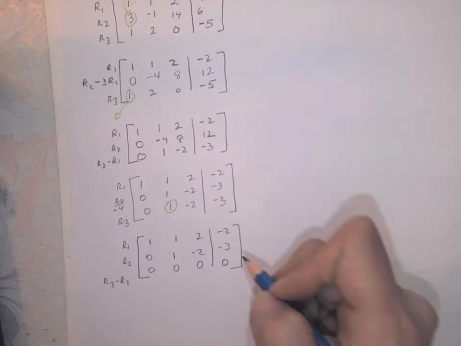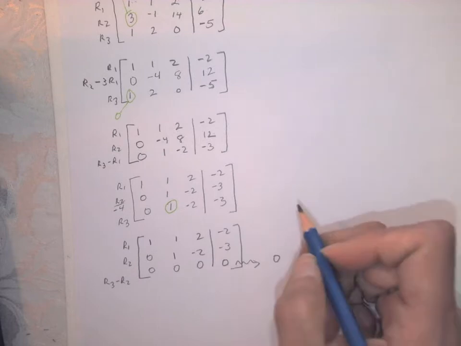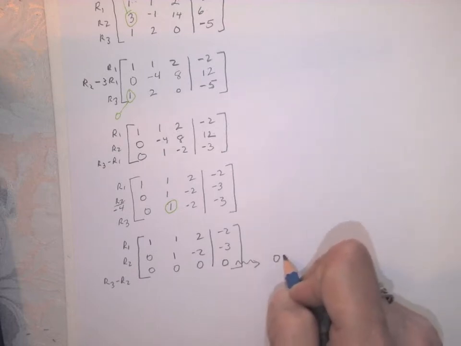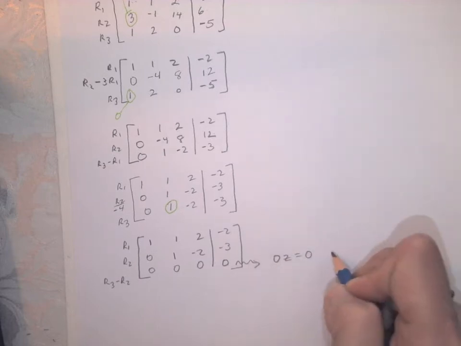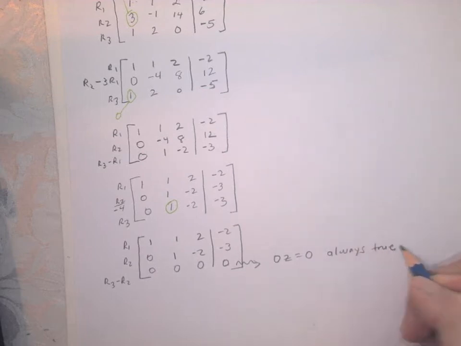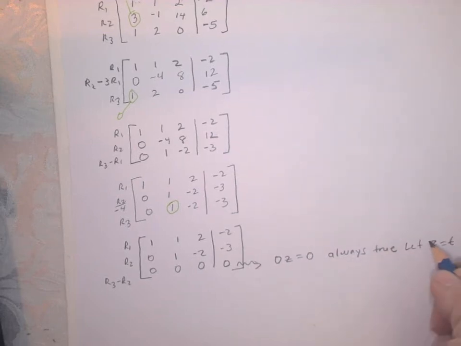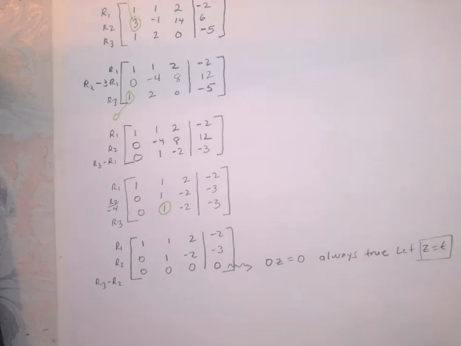What that row of zeros tells you is that there is a line of intersection, because you can take this third step to mean that 0z equals 0, which is always a true statement. So this is where we let z equal t, and now we have the z parametric of our line of intersection.